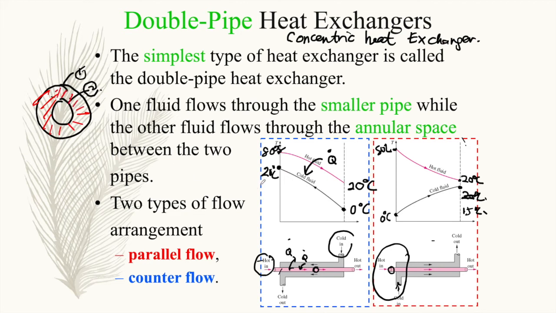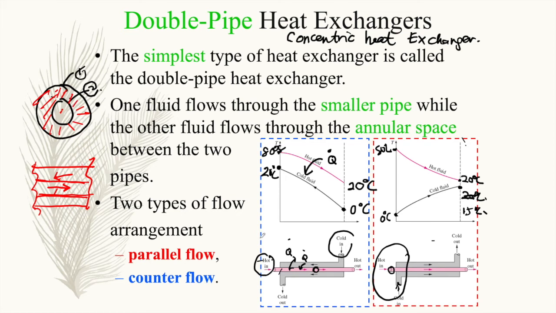If you are referring to the counterflow, then I draw it like this. We have another tube inside this tube. This is a cross section. So you have hot fluid in the tubes, and then you have cold fluid in this annular space.